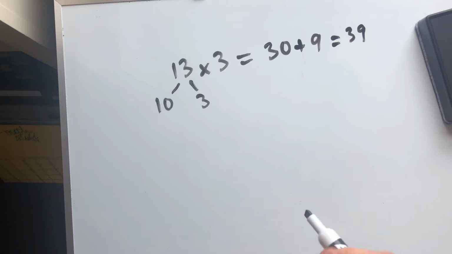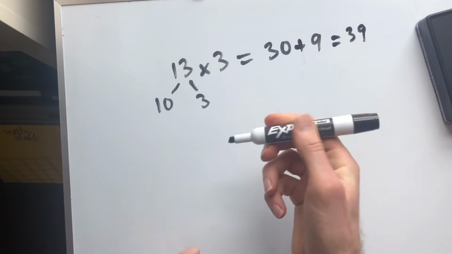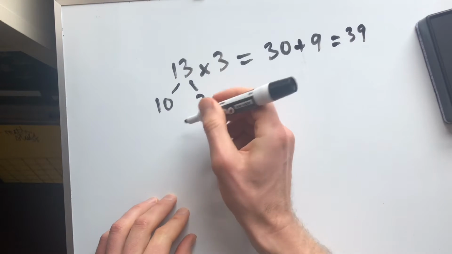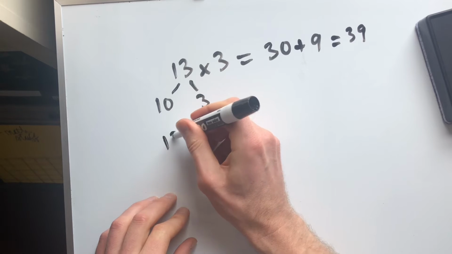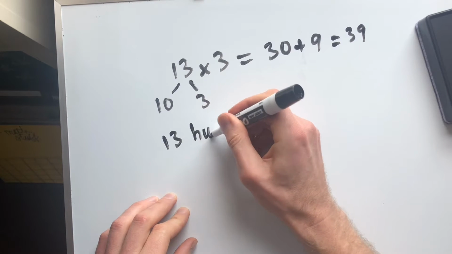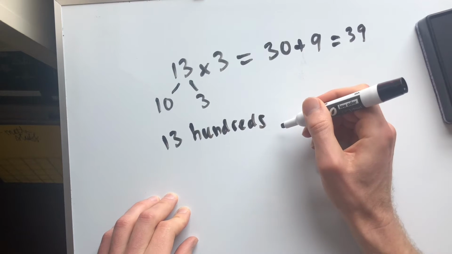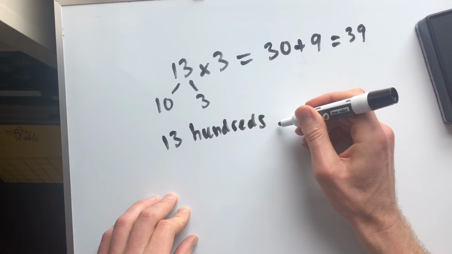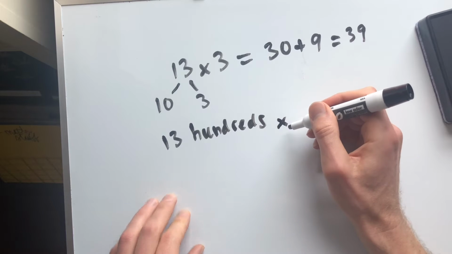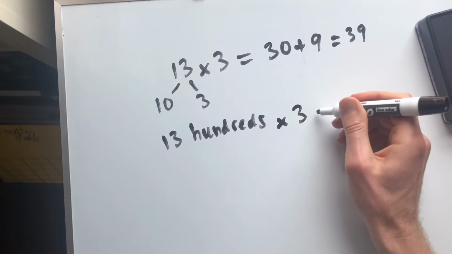And then they might make it more difficult, in fact they do, by saying something like this. They're like, okay, well you figure that out, but what about this? 13 hundredths times 3. What's that?